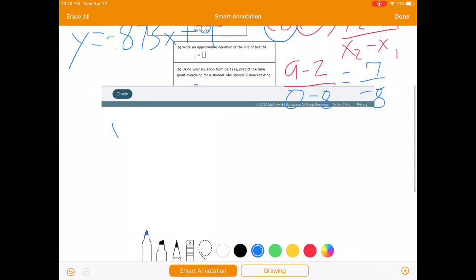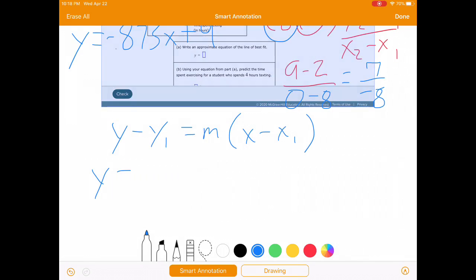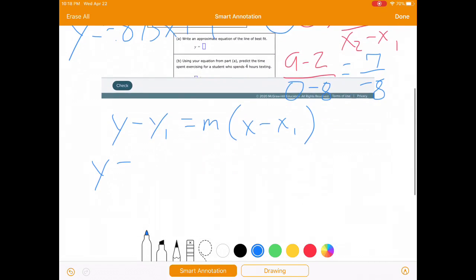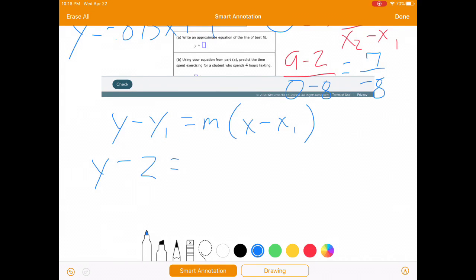So the point slope form, remember, y minus y1 equals m times x minus x1. So y, I'm going to use that point, (8, 2). So 2 was our y. Our slope we just figured out was negative 0.875. And our x with that was 8.